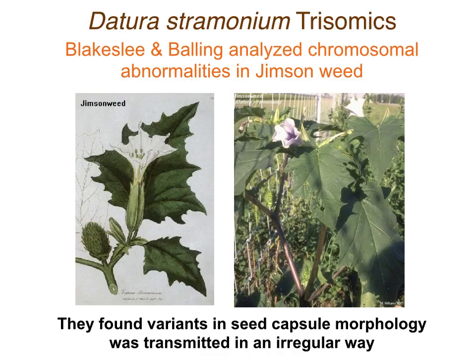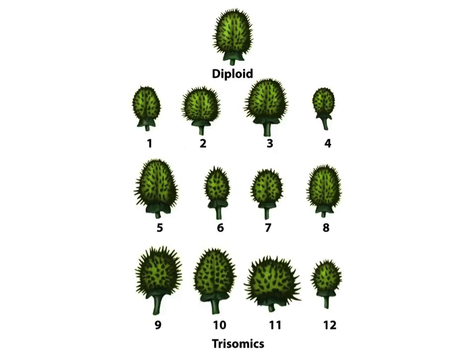But Jimson weed, they have these capsules where they keep the seeds. When these researchers were looking at the Jimson weed, they noticed that there was a lot of variation in the capsule morphology. They went through and looked at and scored the chromosomes for each of these variants.